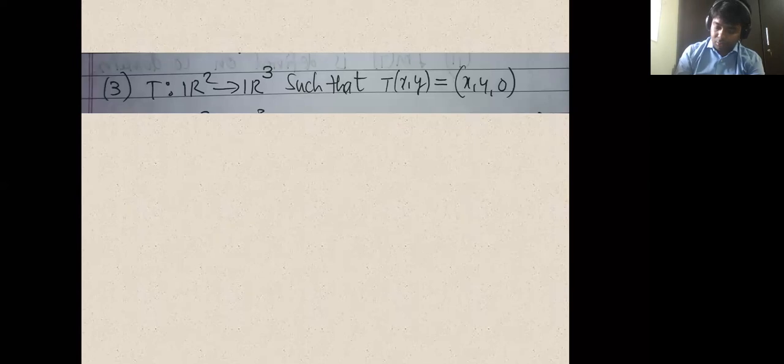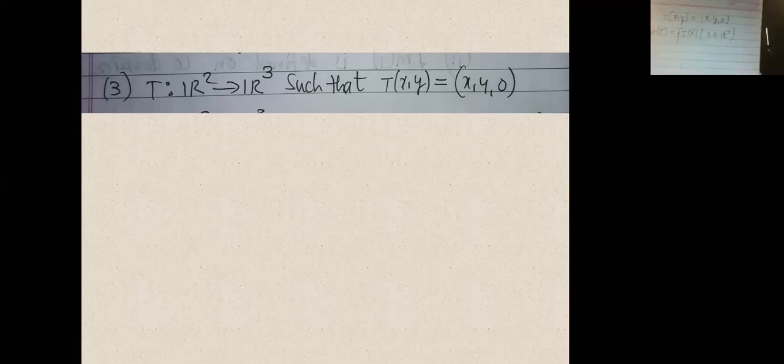The image of this linear transformation T, by definition, is T(X) such that X belongs to R2.